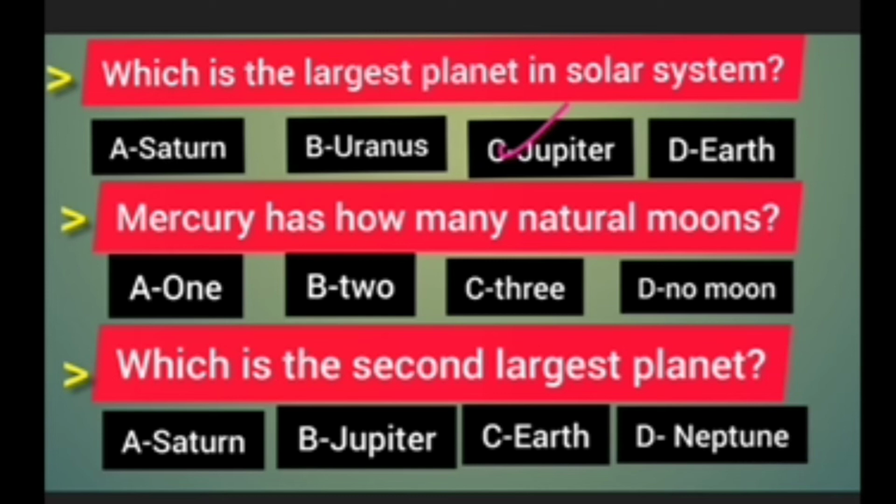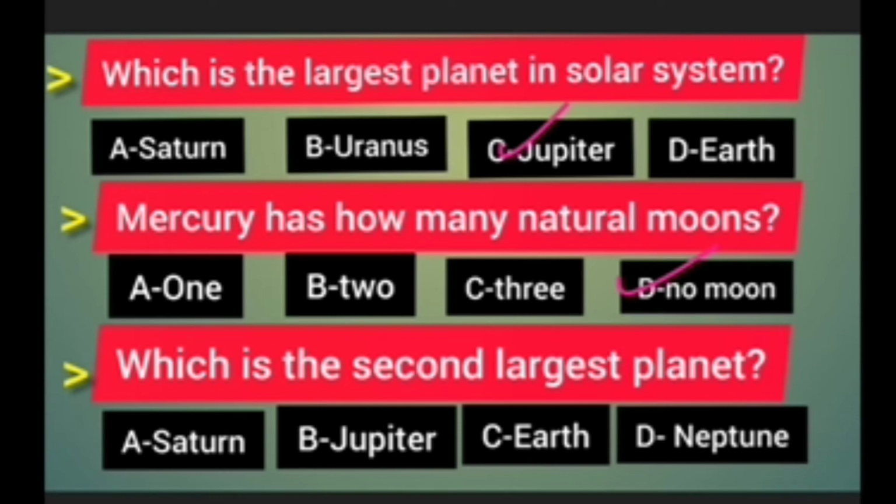Mercury has how many natural moons or natural satellites? A. 1, B. 2, C. 3, D. No moon. Answer D. No moon. Mercury and Venus have no natural satellite.